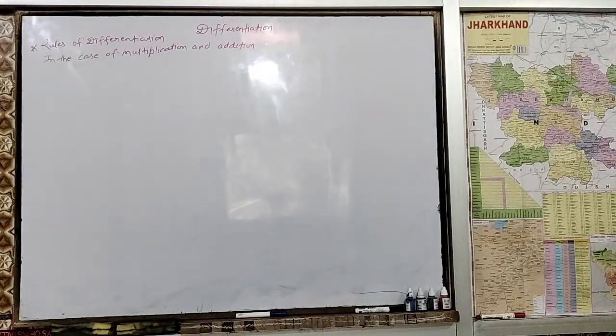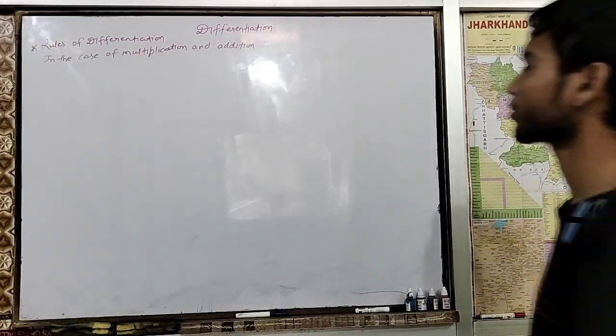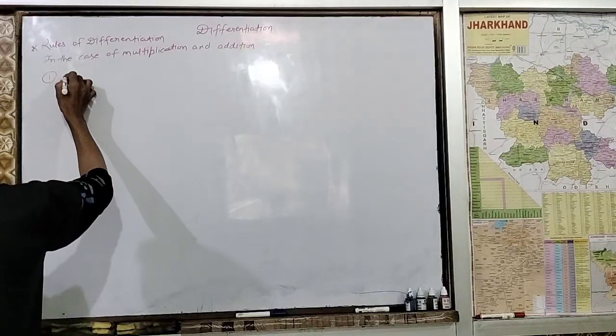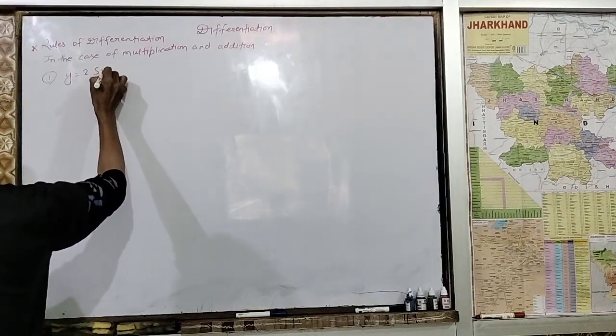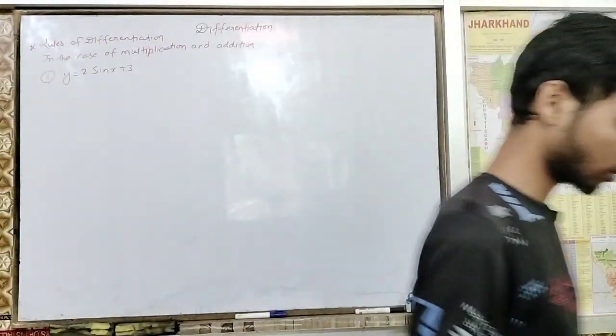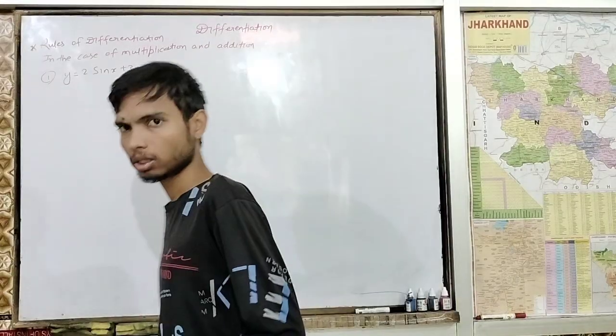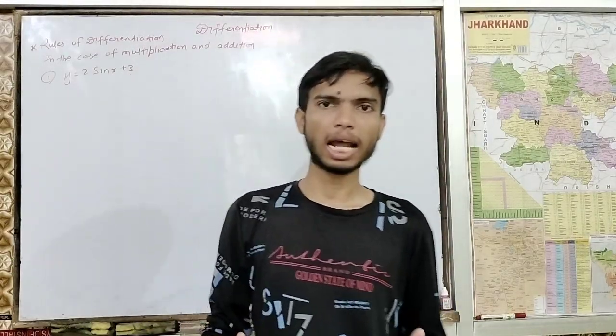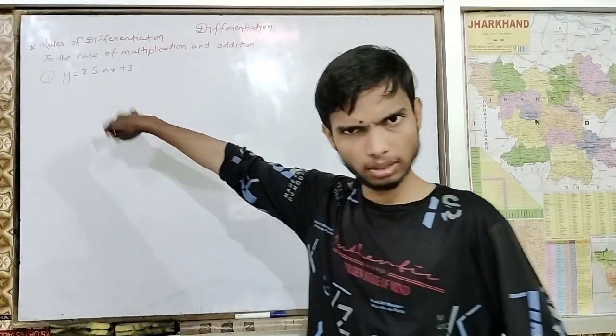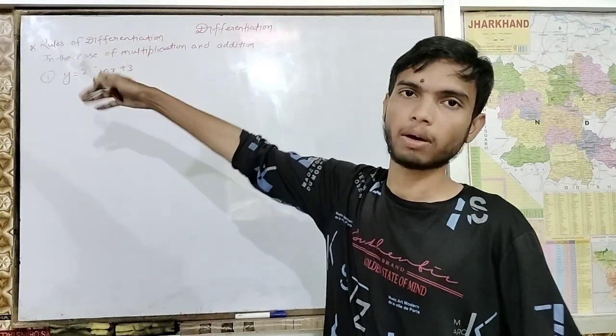First rule. Now look over here. If y is giving you multiplication and addition, here you can see 2 is in multiplication and this operator is addition.